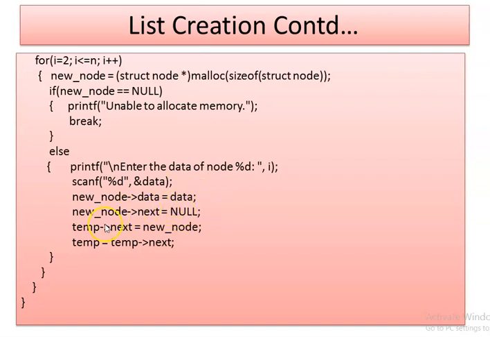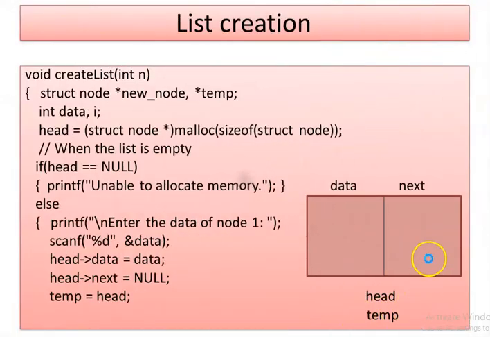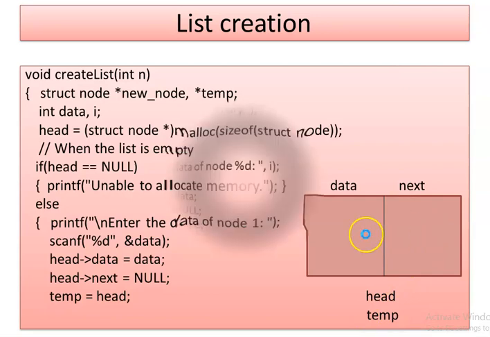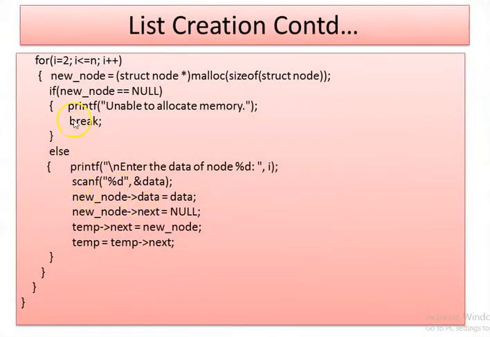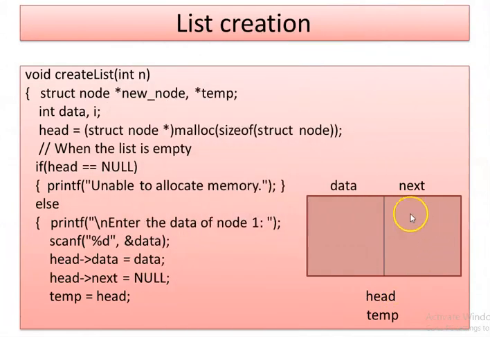Okay. What is temp arrow next? Temp arrow next is this part. This is temp. So temp arrow next is this part. And in this slide, we have seen that temp arrow next is assigned with new node. Just now I have told that new node is 3000. That means here 3000 will be stored.